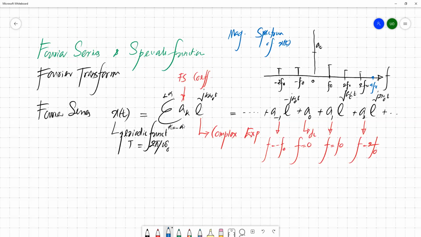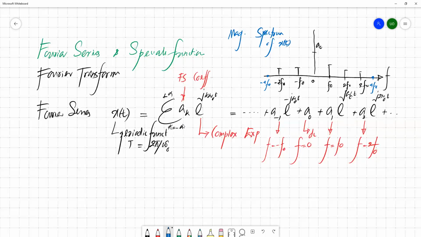For example, if we assume that the rest of the frequency components are 0, we can claim that x(t) is comprised of 0 frequency, plus or minus f naught frequency, plus or minus 2f naught frequency, and plus or minus 3f naught frequency, like that.